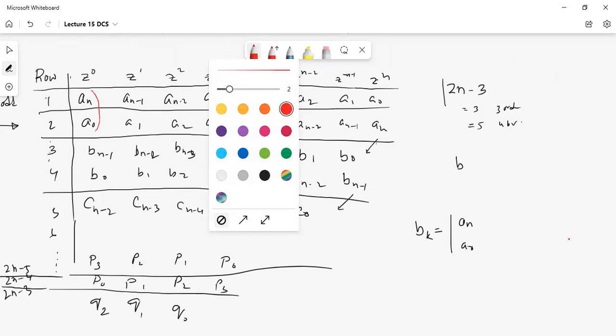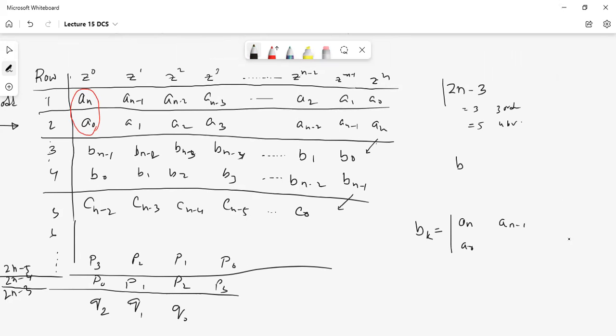Then the formula is a n minus 1 minus k divided by a k plus 1, where your k values range from 0, 1, 2, and go on to n minus 1.